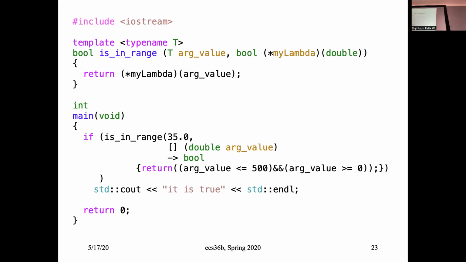This raises a very interesting point: what is the difference between using function pointers such as a v-table pointer versus using a lambda expression? The difference is that if you use a function pointer, it's at runtime that the binding happens between the function pointer and the real function, wherever it is.